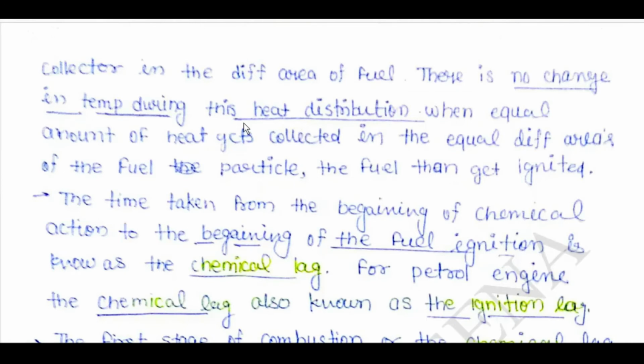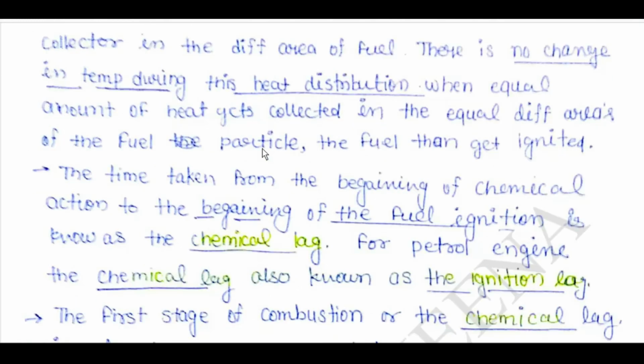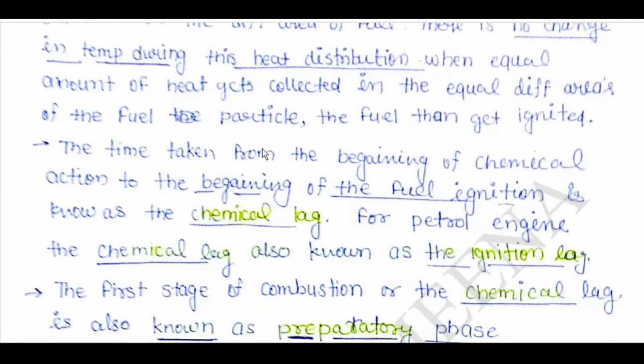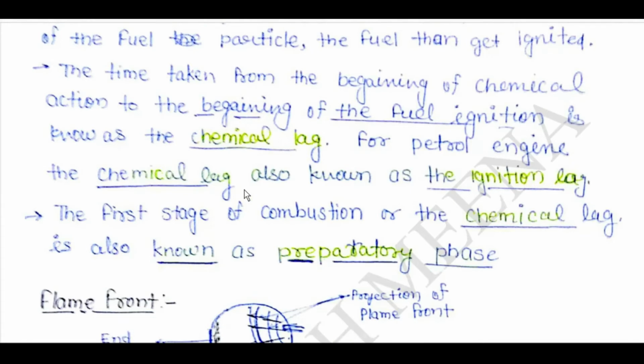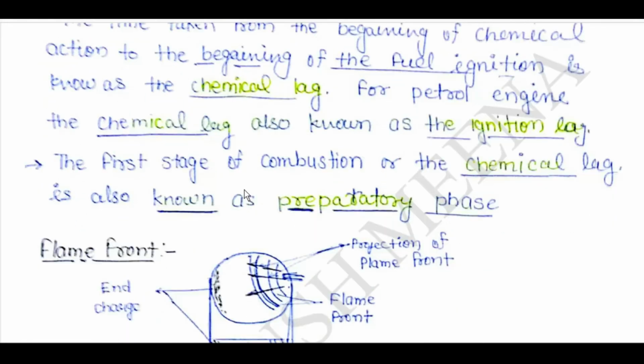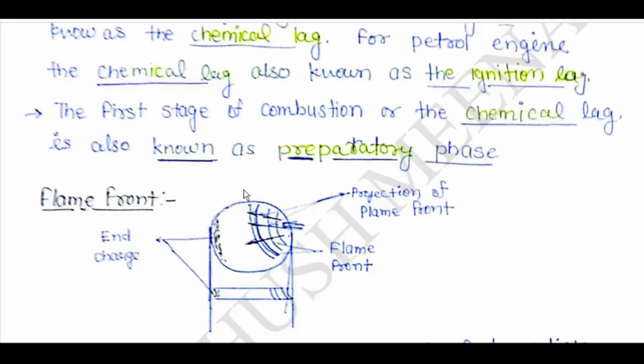There is no change in temperature during this. When the heat distributed is equal to the amount of heat collected in the different areas of the fuel particle, the fuel gets ignited. The time taken from the beginning of chemical action to the beginning of fuel ignition is known as chemical lag. For a petrol engine, chemical lag is known as ignition lag. The first stage of combustion, or the chemical lag, is known as the preparatory phase.